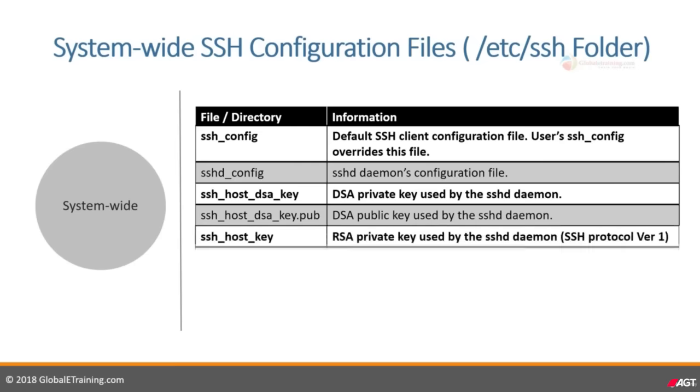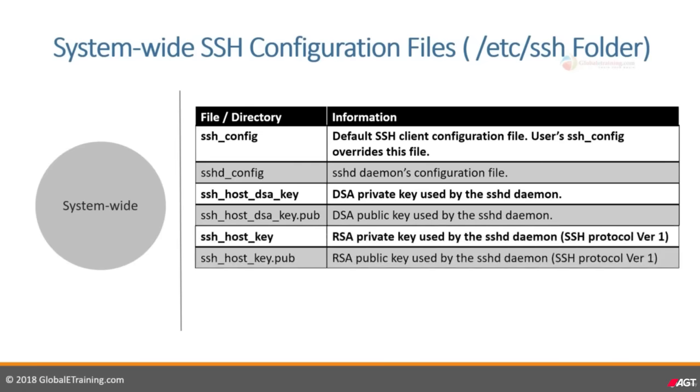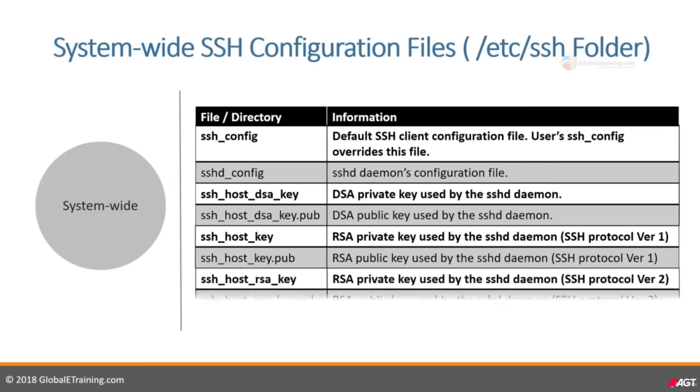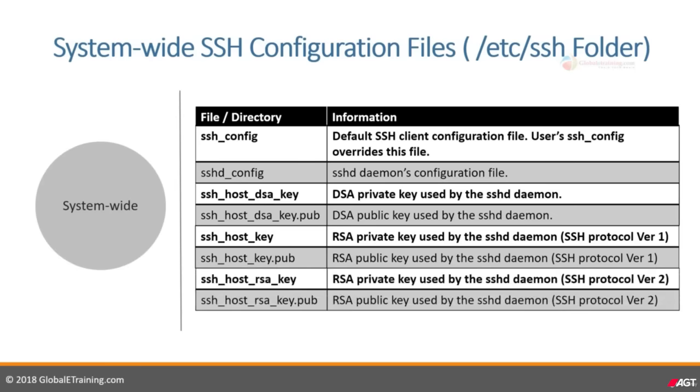The next two are the RSA private key and the public key used by the SSHD daemon. These are used by the SSH protocol version 1. The next set of files are the RSA private key and the RSA public key as well, but these files are used by the SSH protocol version 2.